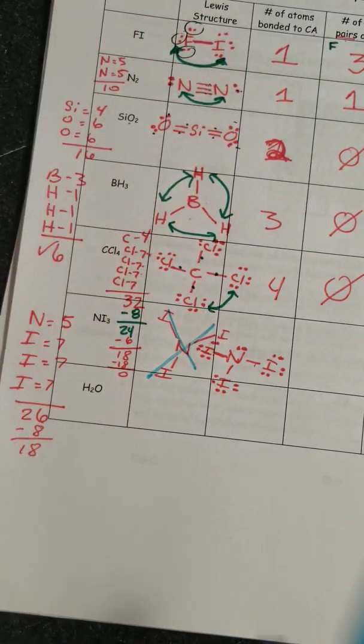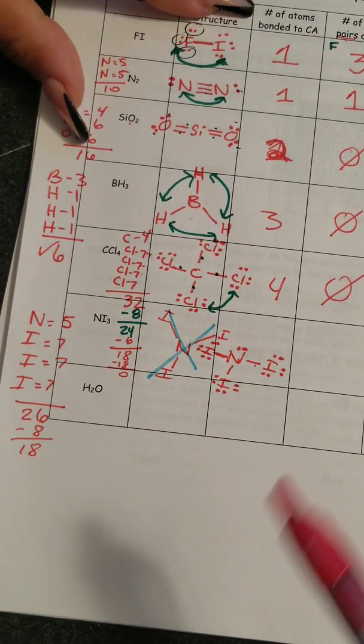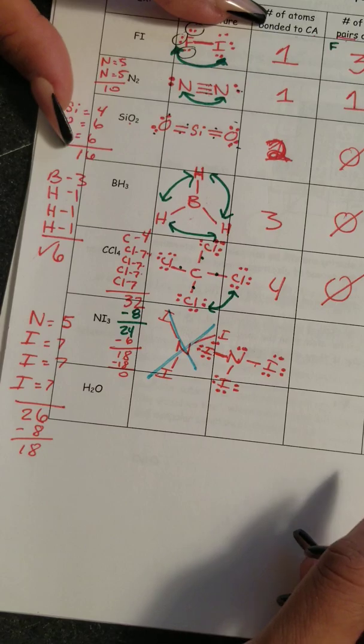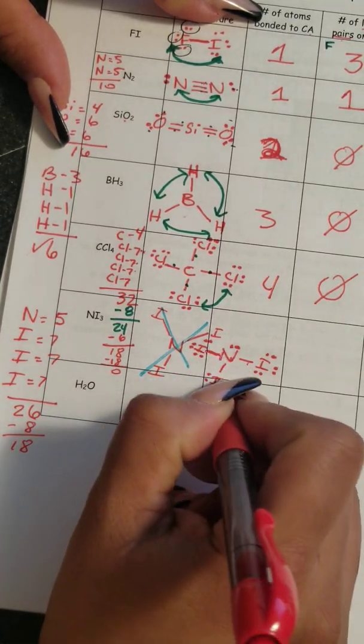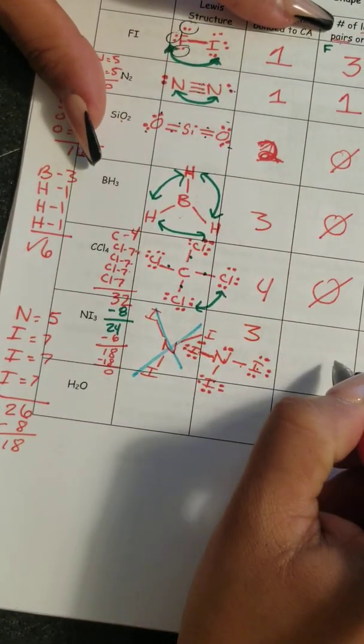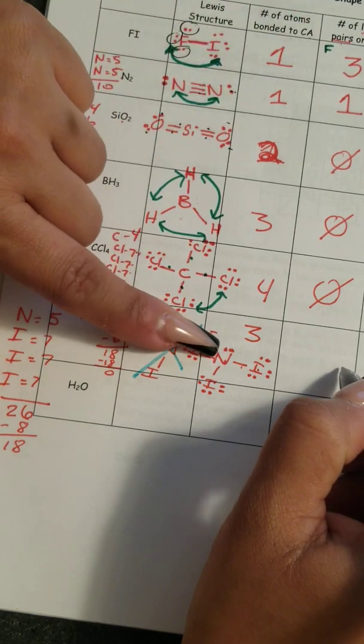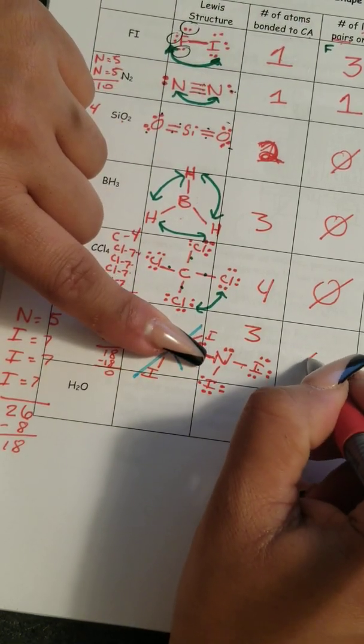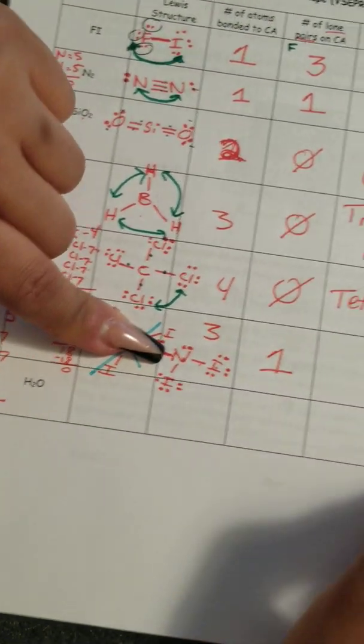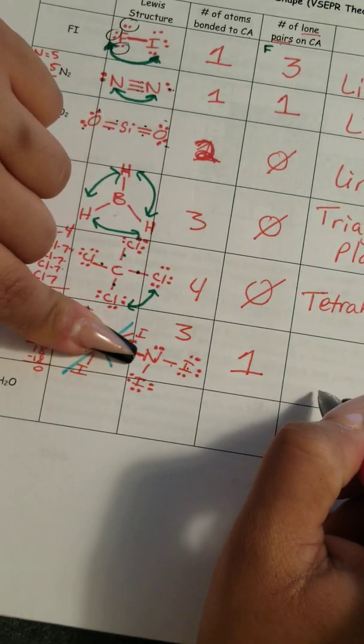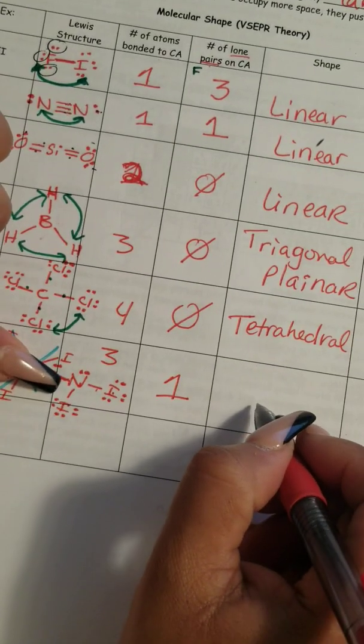All right. So now let's go ahead and look. What is the number of atoms bonded to the central atom? 1, 2, 3. Is there any lone pair of electrons attached to the central atom? Actually, yes, there is. There's one. And they're asking you next, what is the name of this shape?